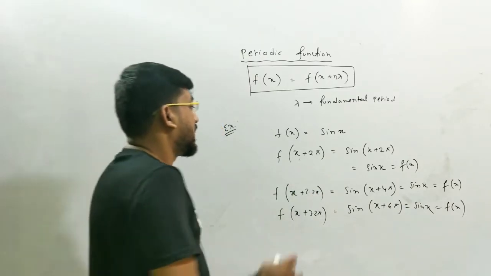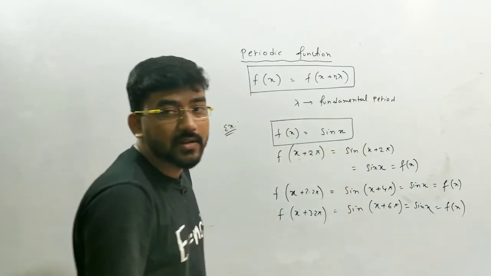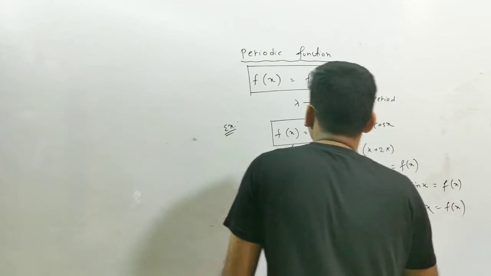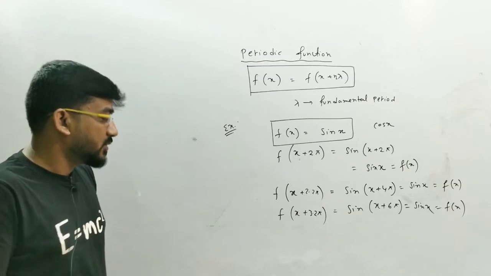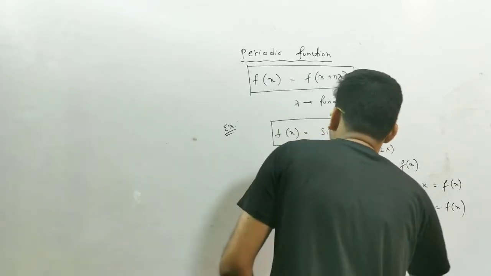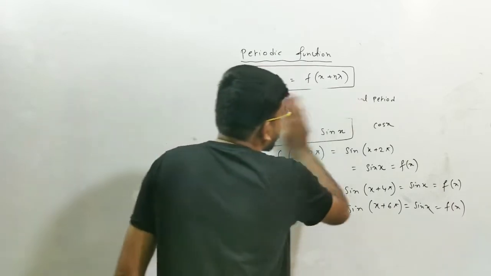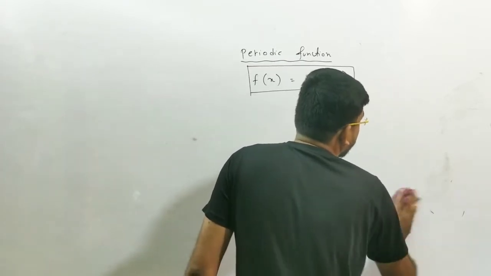And you should know the period of all trigonometric functions like sin x and cos x, so let me give you a list. This is the basic idea about periodic functions: if we can write f of x as f of x plus n lambda, then lambda is the fundamental period.